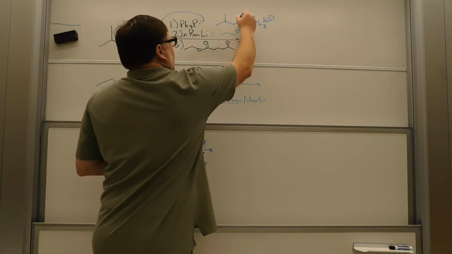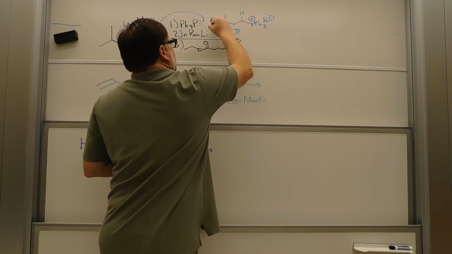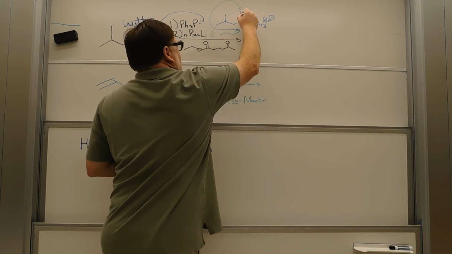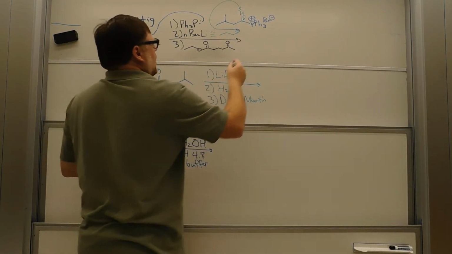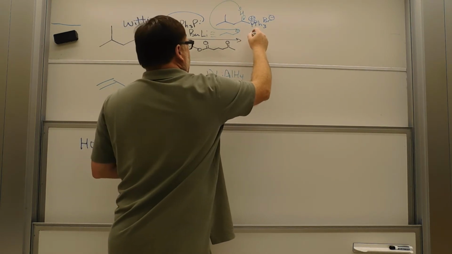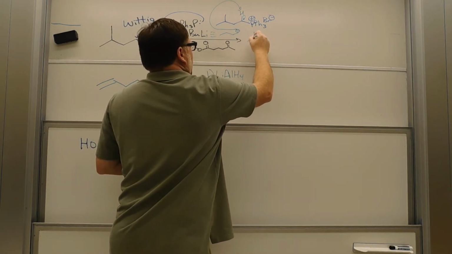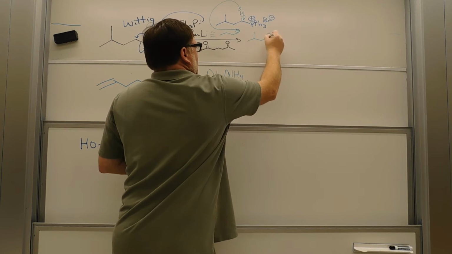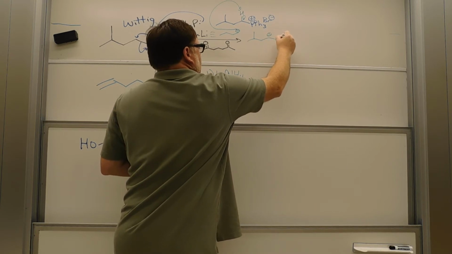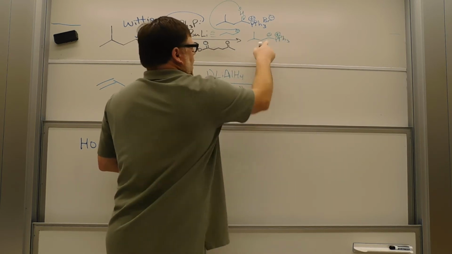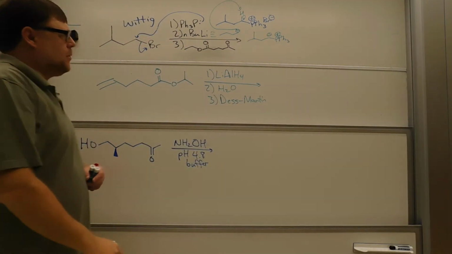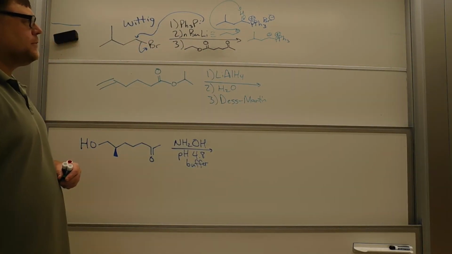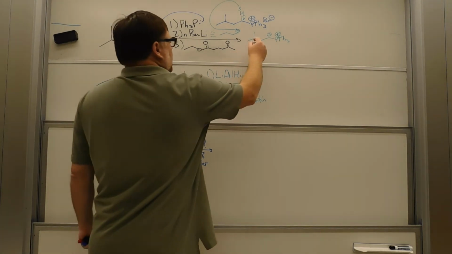And so what's going to happen there is that really strong base is going to take a proton from the carbon bonded to the phosphorus, and we're going to end up with this ylide. Right? There's a resonance structure there that has the double bond between the carbon and the phosphorus. So you get this ylide. So that's step 2.